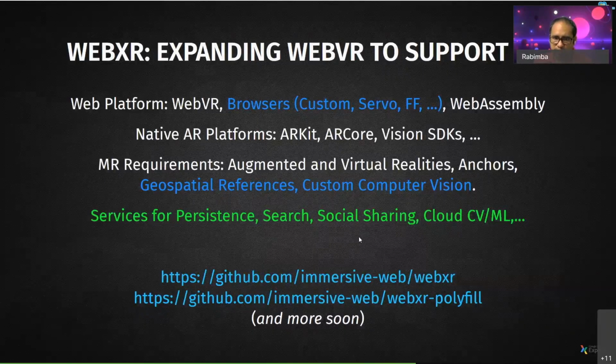So for example, in the platform, we are getting different things inside it. For example, services for persistence: how to build a model in a specific geolocation maybe, or at a specific time, and you persist it not only on your device, but for everybody. So there comes the cloud sharing and social sharing.